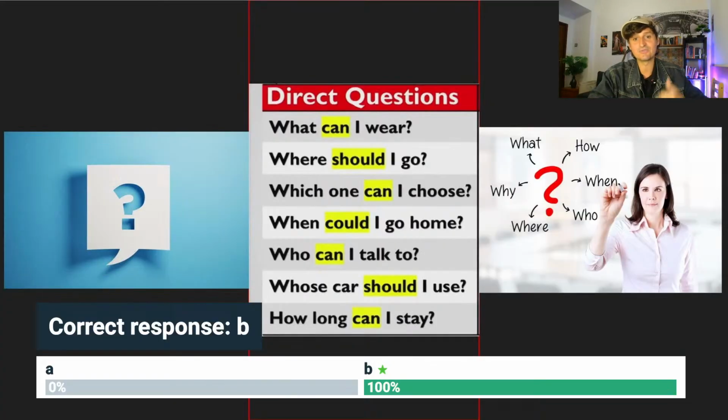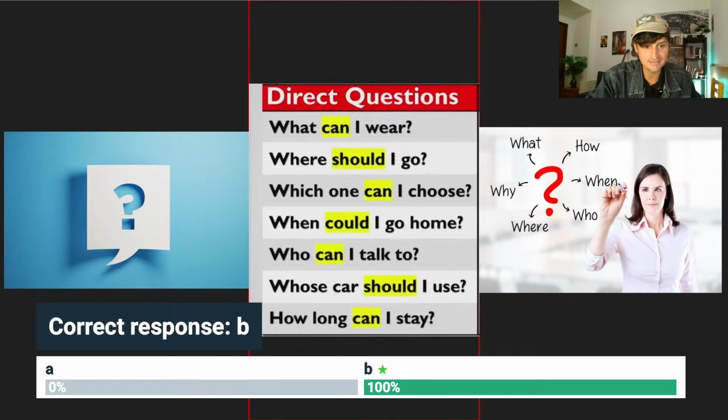All right, so let's see. Let's continue here. So we have a lot of direct questions, right? Very, very easy. Okay. What can I wear? So if you know how to ask these questions, or how to transform these direct questions into embedded questions, then write them in the chat. Write them in the chat, guys. All right, so here everything on YouTube is good.